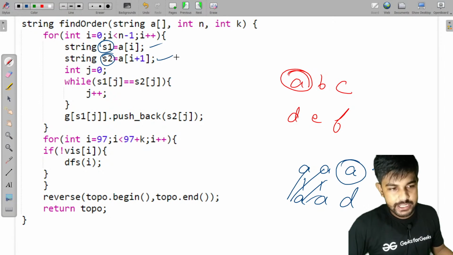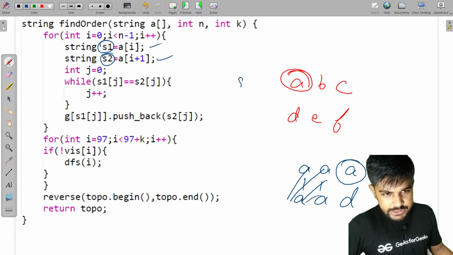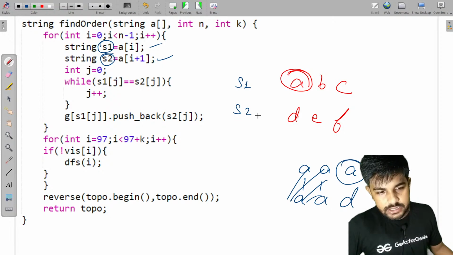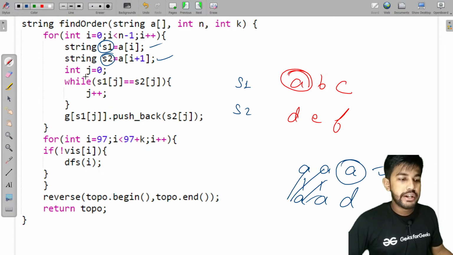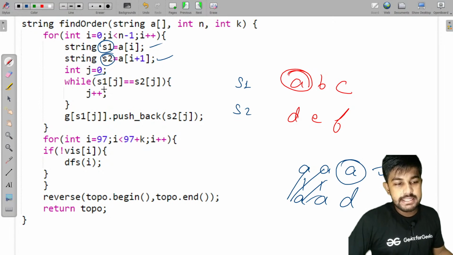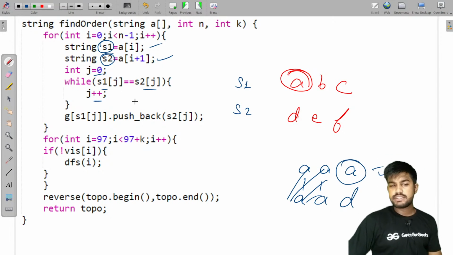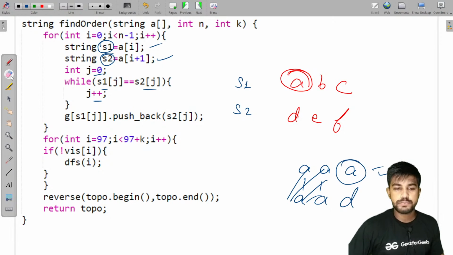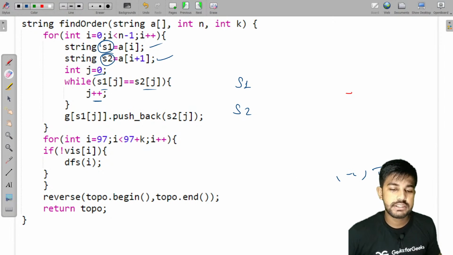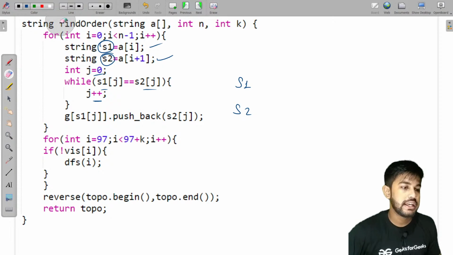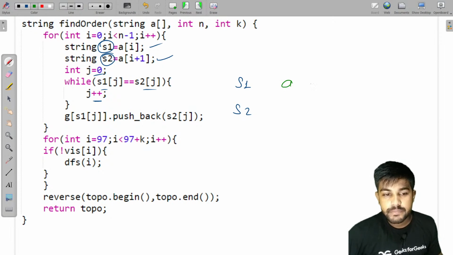This is string 2, the next string. Good to go. So now j is equals to 0, while s1[j] is equals to s2[j], j plus plus. So what is this thing? I would tell you. Suppose this is s1, and suppose the string is A, B, and then C.